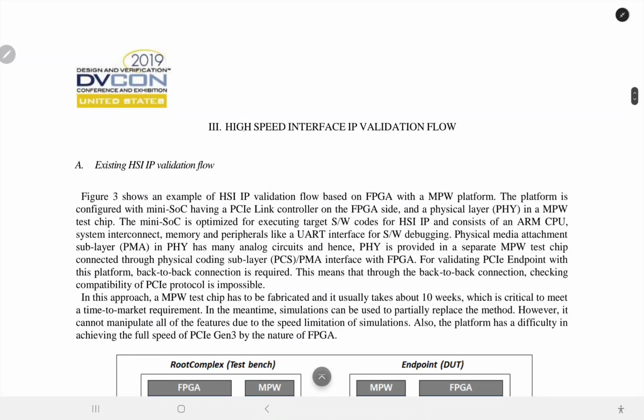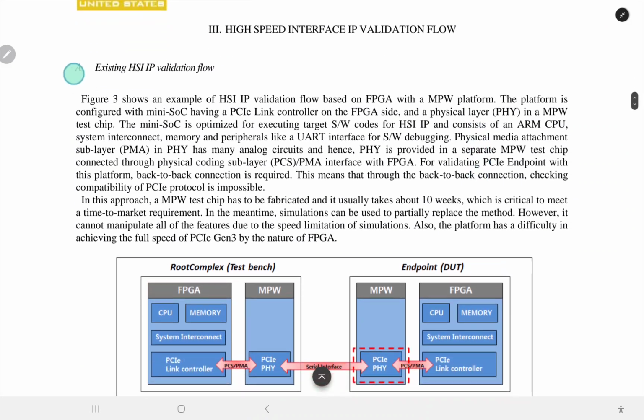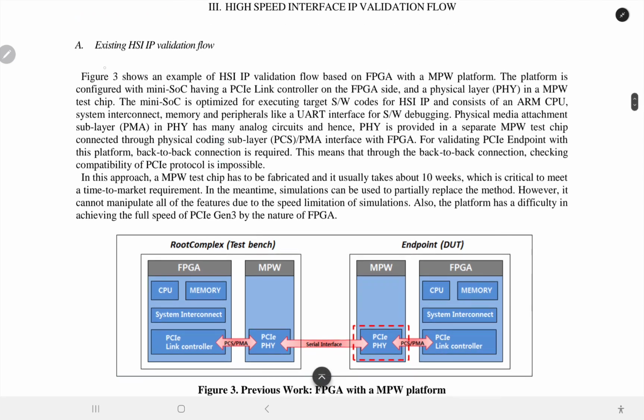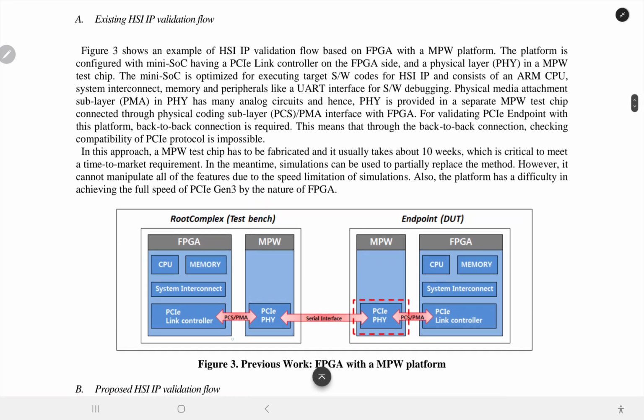3. High-speed interface IP validation flow. A. Existing HSI IP validation flow. Figure 3 shows an example of an HSI IP validation flow based on FPGA with the MPW platform.